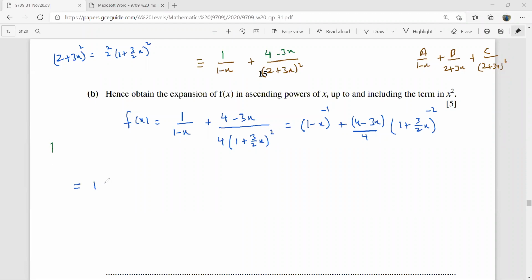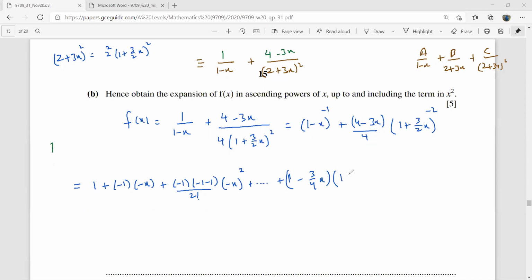This is 1 plus nx plus n into n minus 1 over 2 factorial into x square. We have to keep it up to x square, so I'll just put some dots here. Then we have 1 over 4 multiplied inside, this is 1 minus 3 over 4x into, I have divided these two terms by 4 actually, okay?